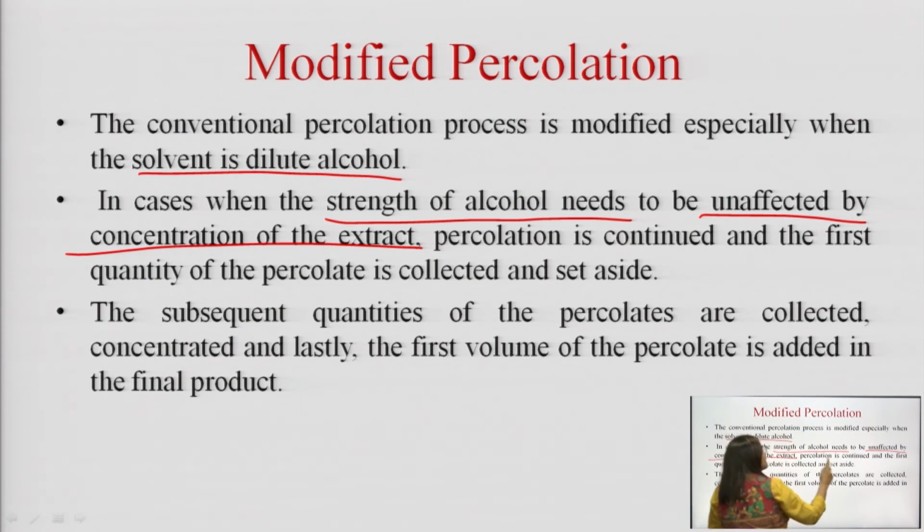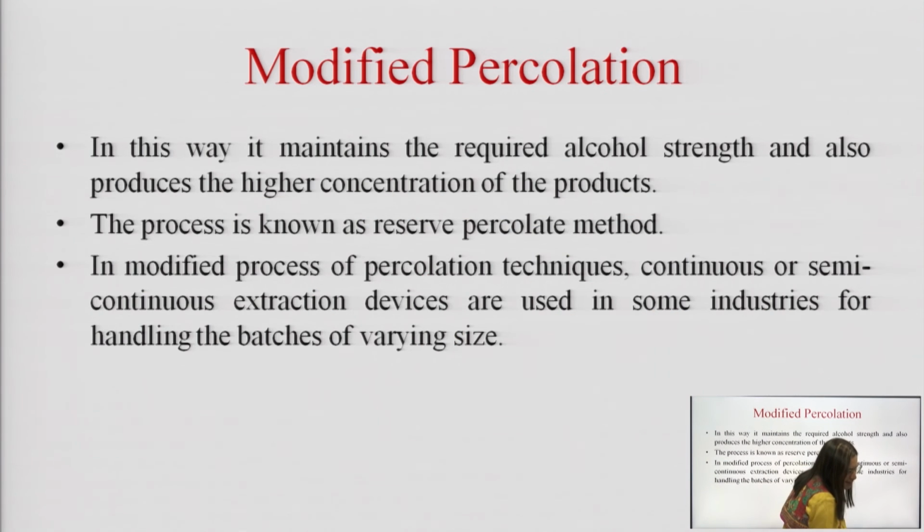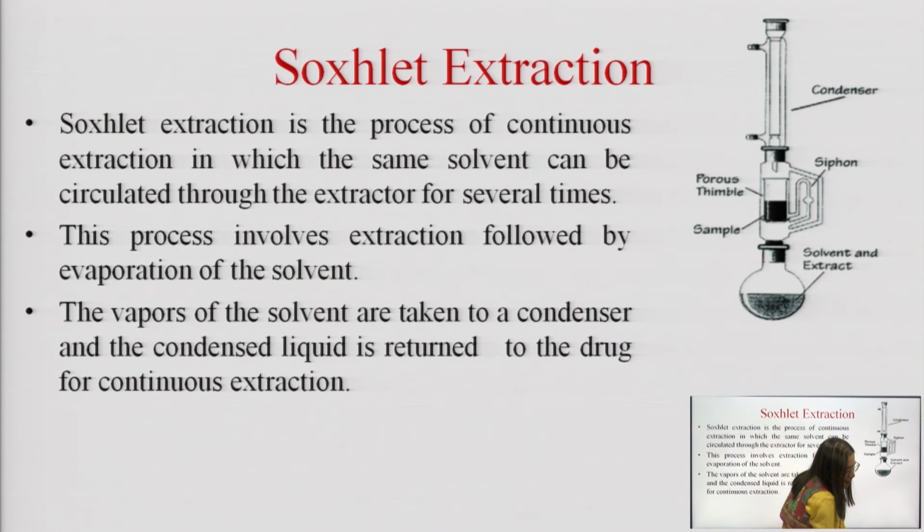Here, again it is similar to the reverse one, where percolation is continued and the first quantity of the percolate is collected and set aside, and then subsequent quantities of the percolate are collected, and lastly the first volume of the percolate is added to the next. Okay, moving to our next method.